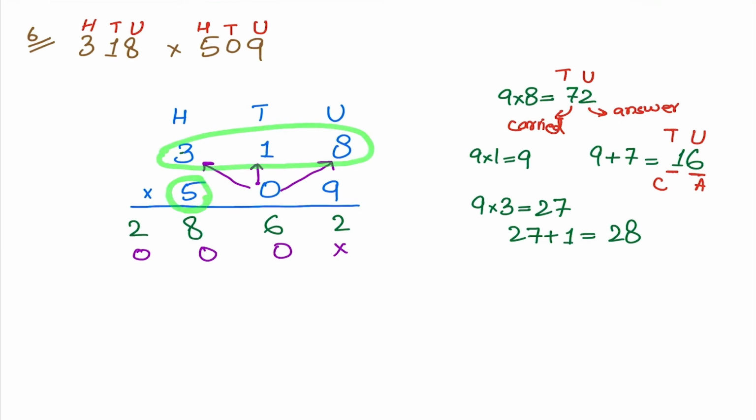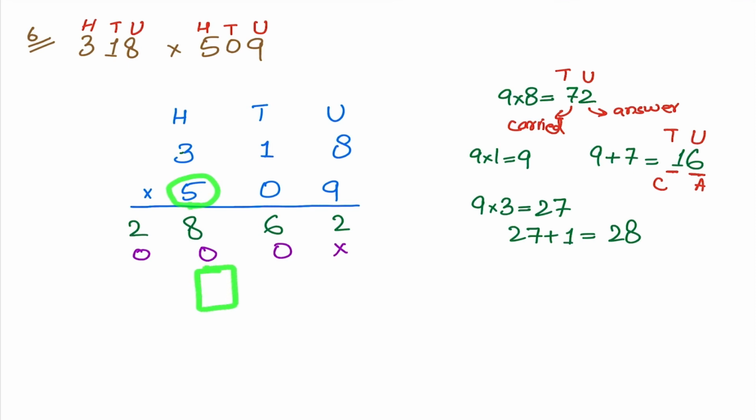Okay? So again I will erase these marks. Since you are multiplying the hundreds digit, you have to start writing the values from here. Okay? Now in order to do that, what you will do is you will put cross here and here.